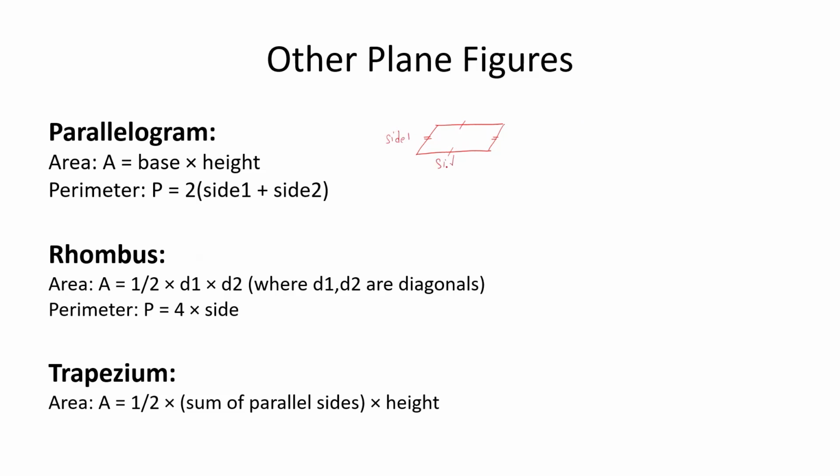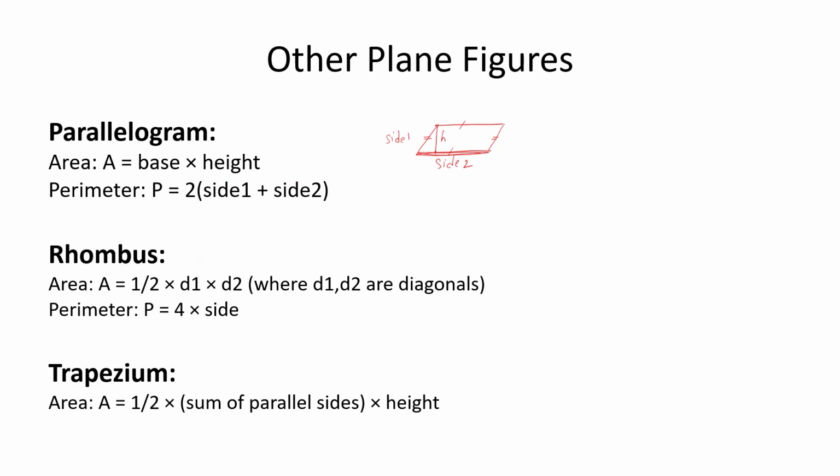This is side 2. Now, area of a parallelogram is base into height. What is height? This is height. What is base? This is base, like we have in a triangle. So base into height is the area.